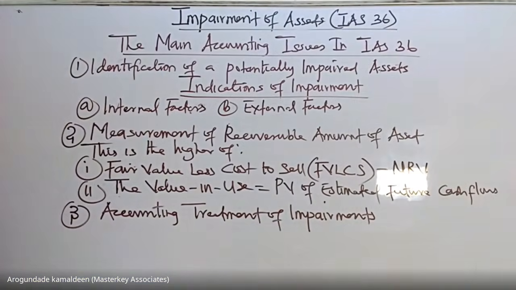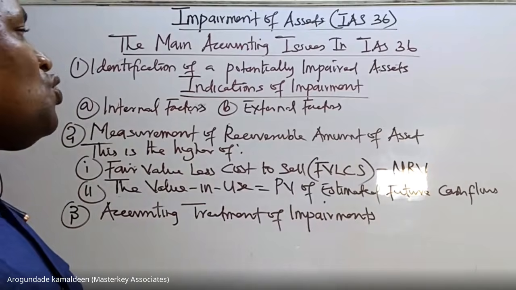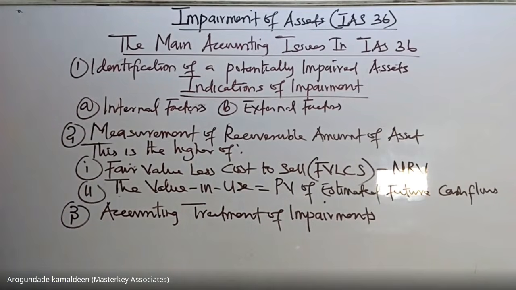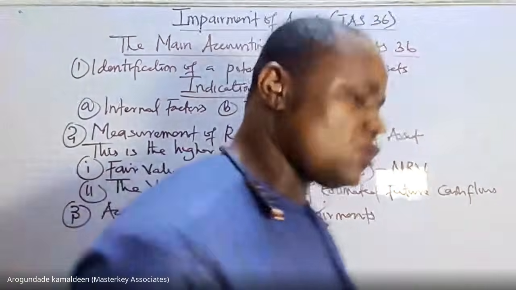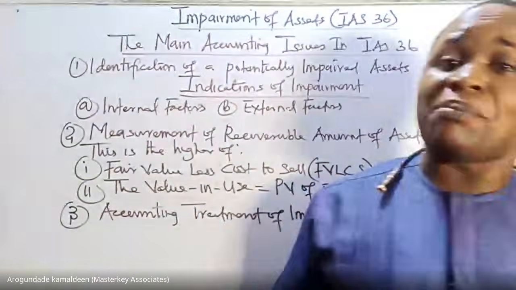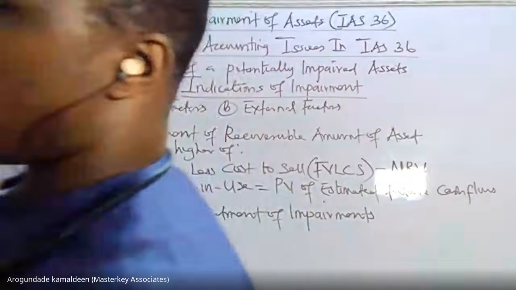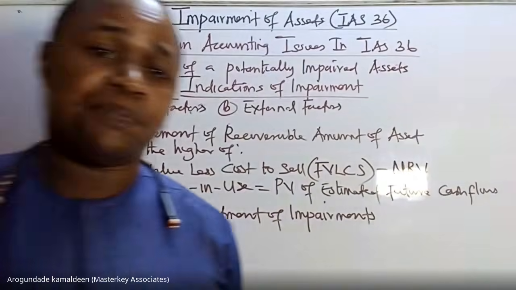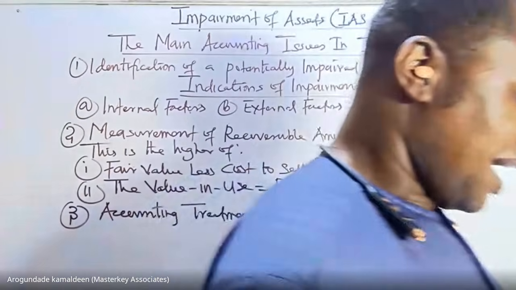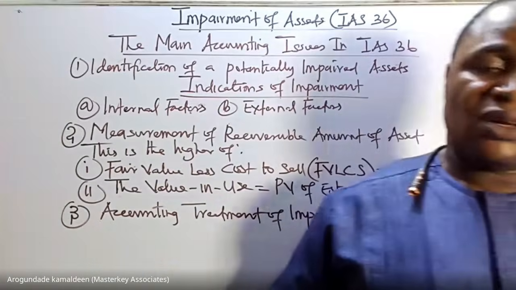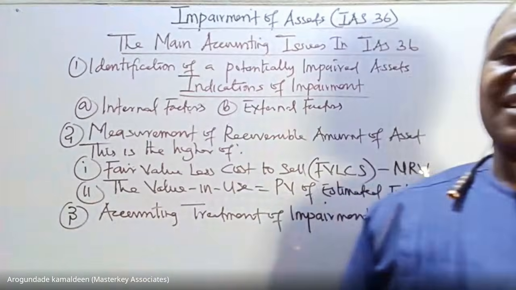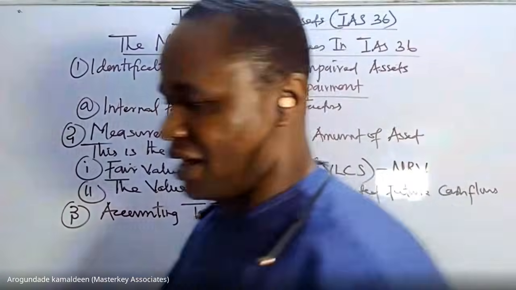The first thing is that you have been able to identify a potentially impaired asset. Second, you have done the measurement and determined the value of impairment. Next, how do you record this impairment in your accounts?